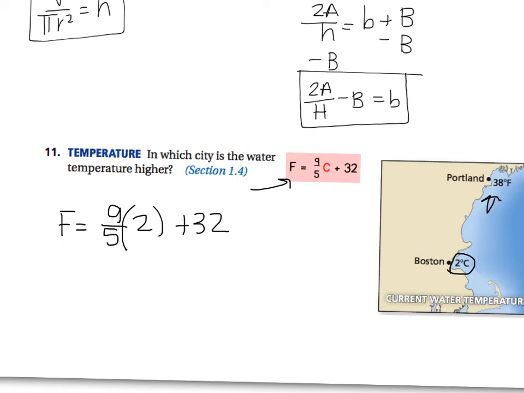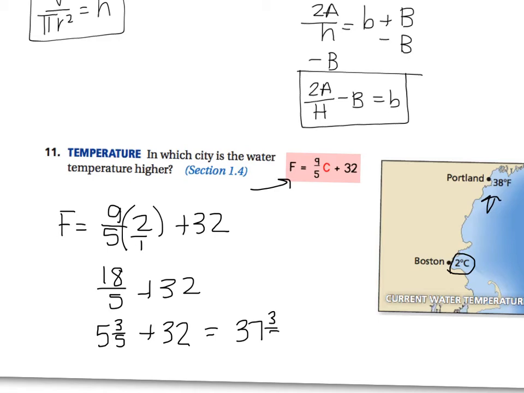I'm going to make it 2 over 1, which gives me 18 over 5 plus 32, which is 3 3/5 plus 32. That gives me 35 3/5. So it looks like the Portland one is higher.